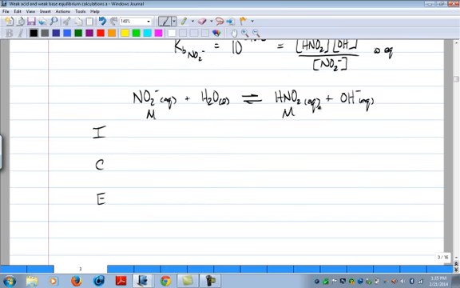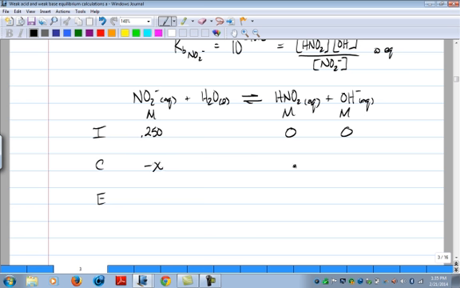In the organizer, we have effectively about 0 hydroxide, 10 to the minus 7 molar from the water. That'll come out in the equilibrium line, and we'll put 0.250 molar for the nitrite. So 1 to 1 to 1 stoichiometric ratio.